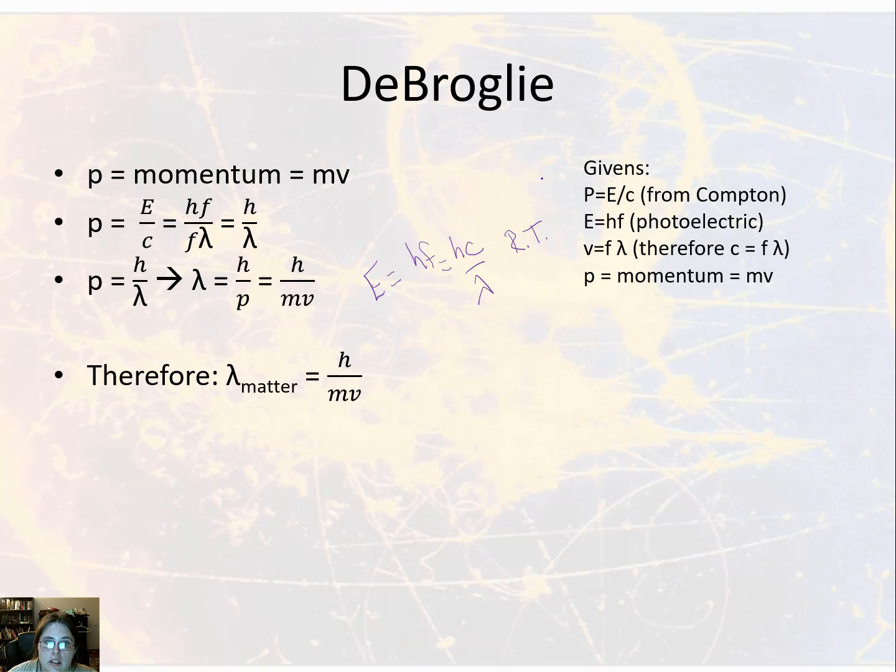So then the wavelength of matter is Planck's constant divided by mass times velocity. Again, this is E equals hf, and it's also equal to hc divided by lambda.